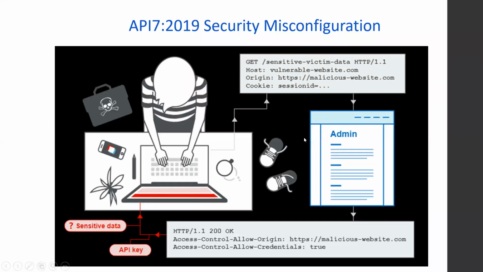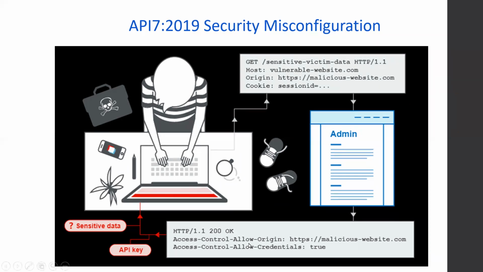One of the examples of security misconfiguration is when you have not configured your policies properly. Here, we see there is access control allow origin, which is a CORS policy. CORS, of course, being cross origin resource sharing, which is a set of rules that allow which front end can talk to your API.